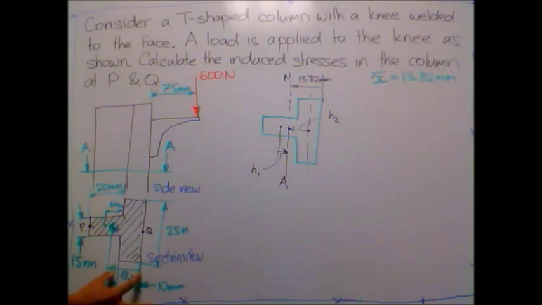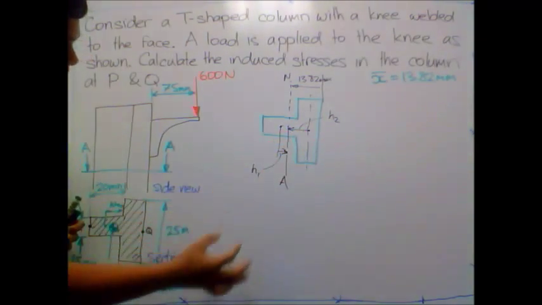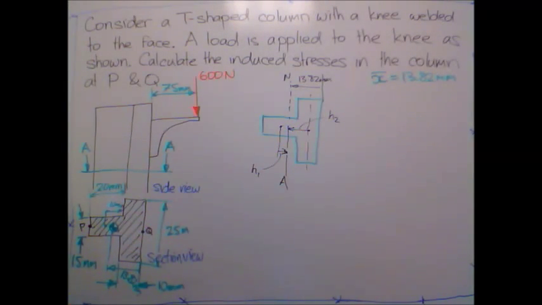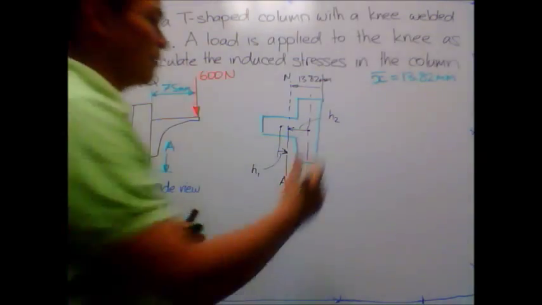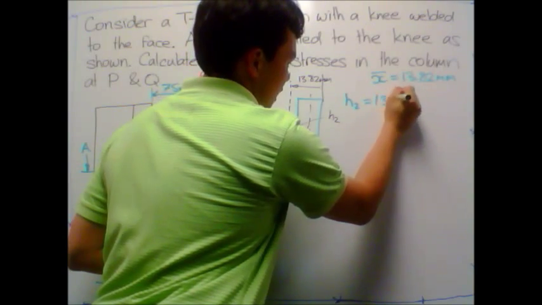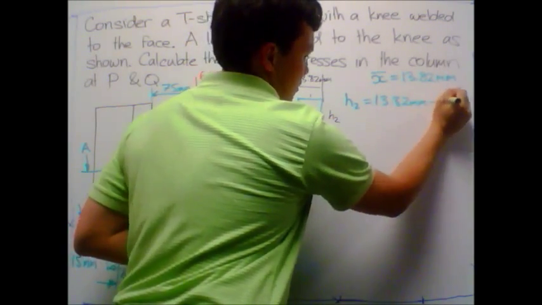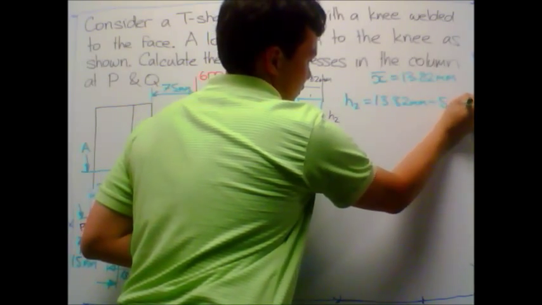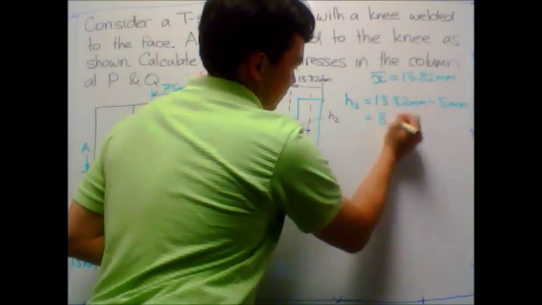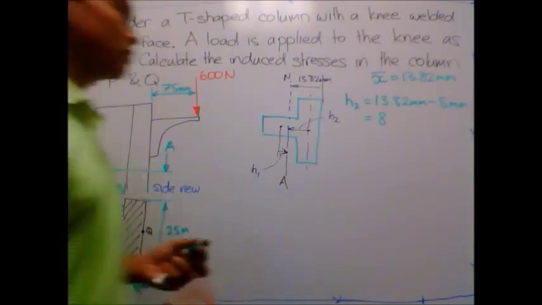So I can determine h2 by going 13.82 millimeters minus 5 millimeters. So h2 is now equal to 8.182 millimeters.